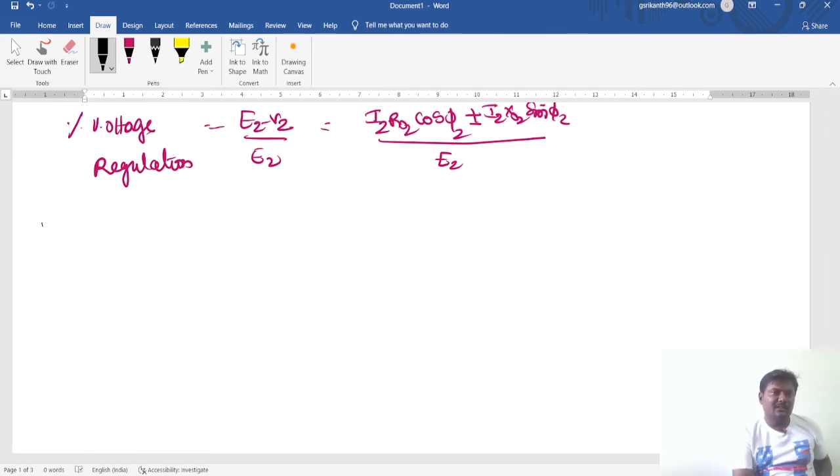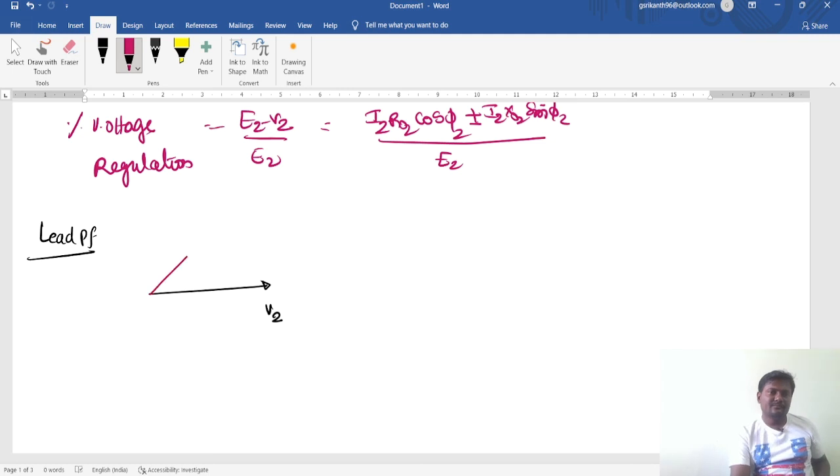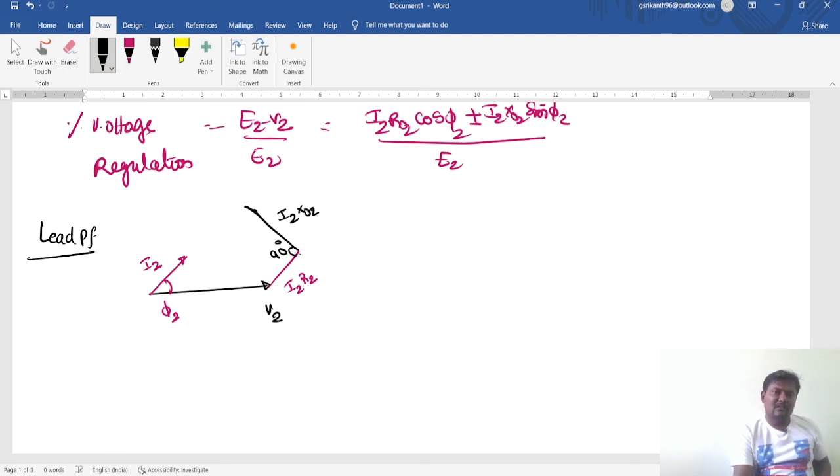For a leading power factor of the load, this is the phasor diagram. With respect to V2, I2 leads at an angle of phi 2. The I2 R02 component is parallel to I2, and I2 X02 component is perpendicular to I2 R02.